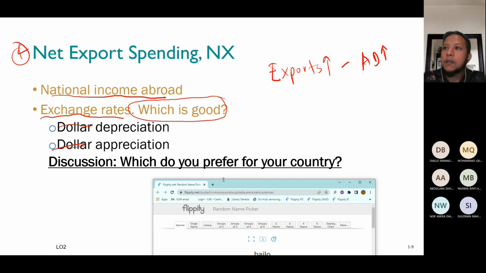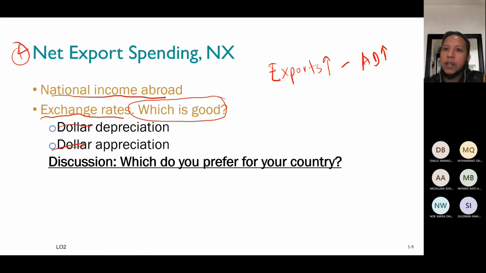So this is something you have to bear in mind when looking at the influence of exchange rate on exports. But the premise is that we calculate our exports based on our currency. Malaysia will calculate our exports based on the ringgit Malaysia. So this is the consideration when it comes to net exports. Okay, thank you, Brother Bayo.